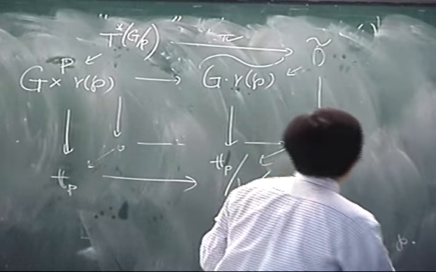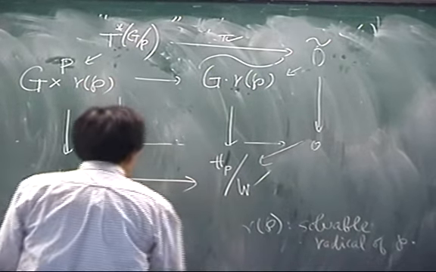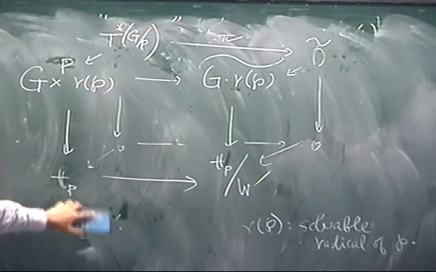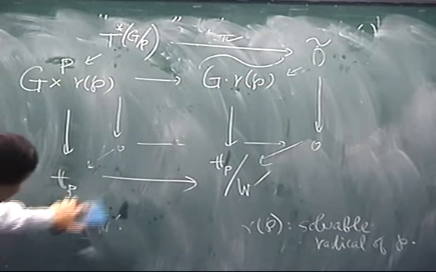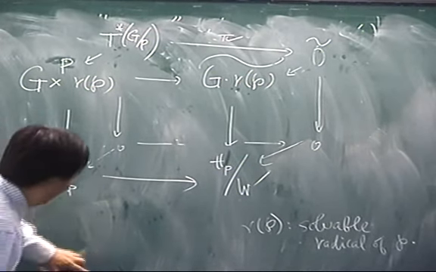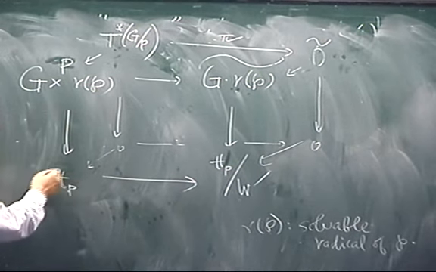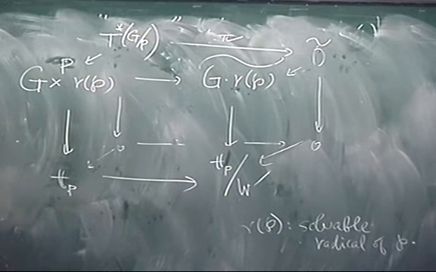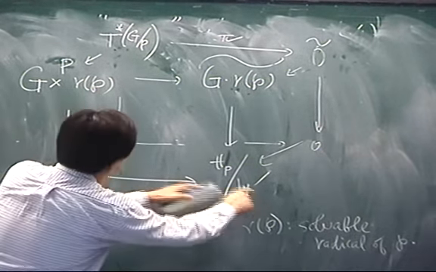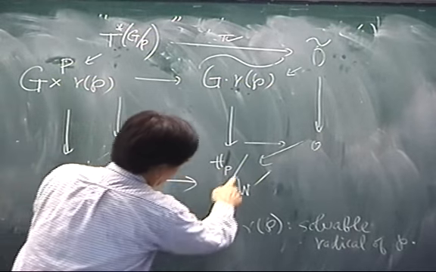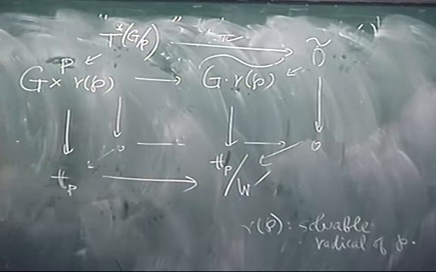On this, W prime is something like a substitute of the Weyl group. I won't explain in detail, but this is something like T in the previous case, and W prime acts on TP as a substitute of the Weyl group.